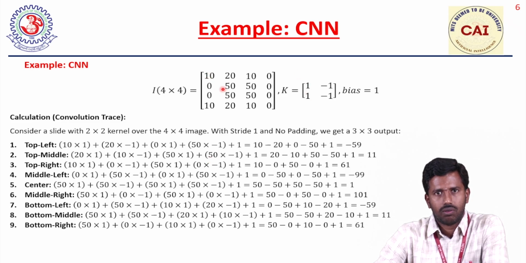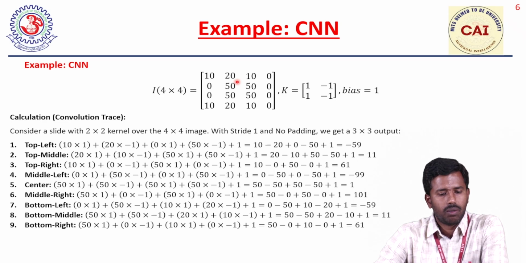The first 2 by 2 window from the 4 by 4 is 10, 20, 0, 50. This one we call the top left. The top middle covers the pixels 20, 10, 50, 50, and the top right covers pixel values 10, 0, 50, 0. Likewise, you fill the top row with the top left, top middle, and top right.